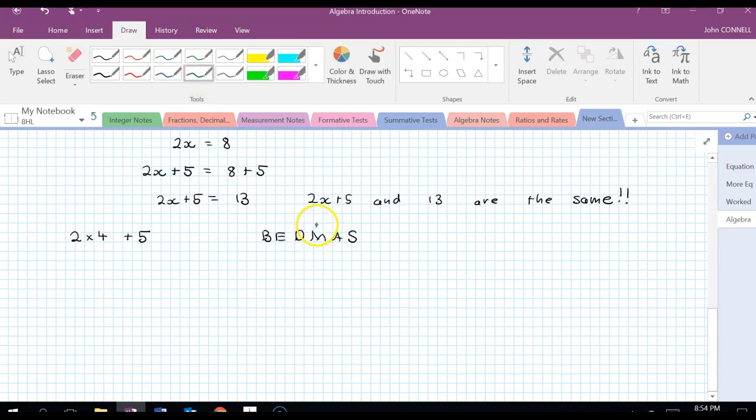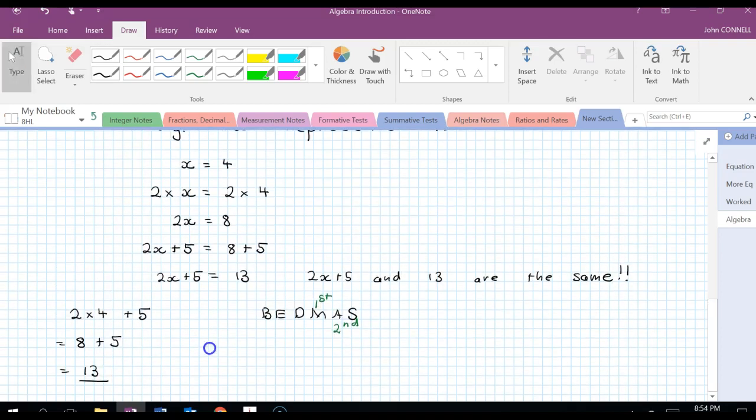So I've got to do my multiplication first, and then I've got addition, so this is going to come second. So I do 2 times 4, which gives me 8, and then to that I add 5, and so 8 plus 5 gives me 13. So we see that if x is 4, then 2 times x plus 5 is 13.